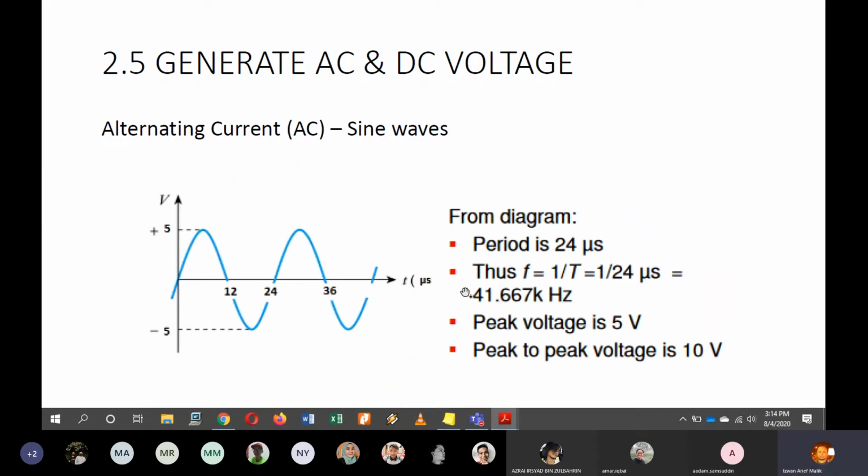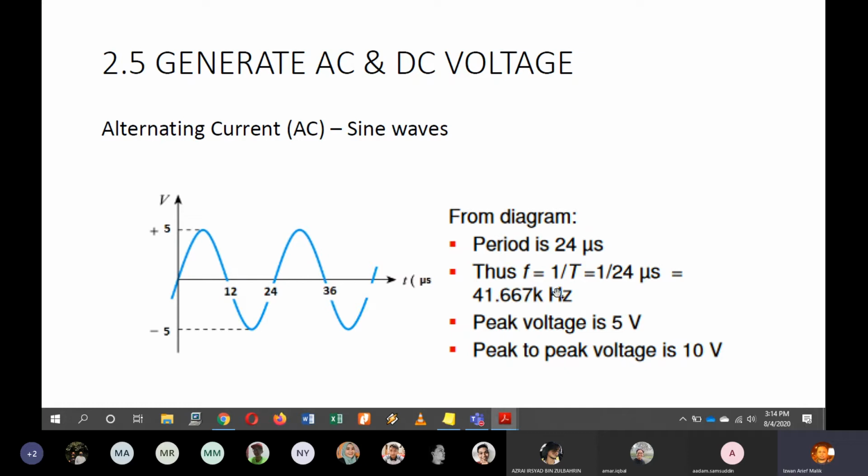Okay, another example here. So the period is for one full cycle. If it starts from 0, it will stop at 24. If you start from 12, it will stop at 36 and so on. So the period is 24 microsecond. Thus the frequency is 1 over time, which is 1 over 24 microsecond, which is equivalent to 41.7 kilohertz.